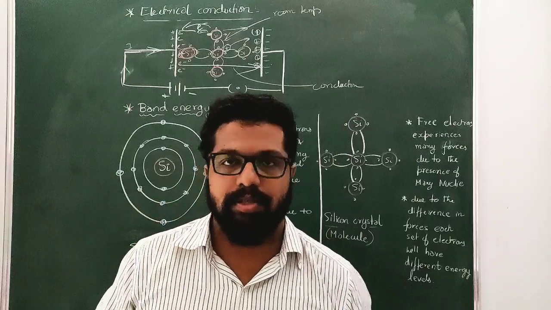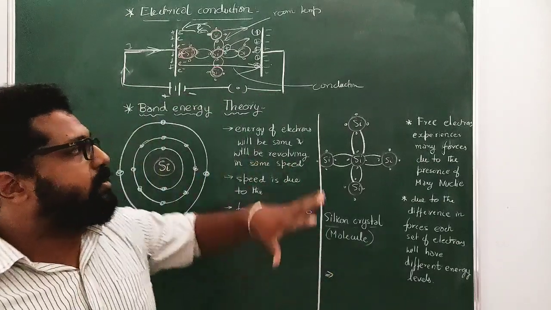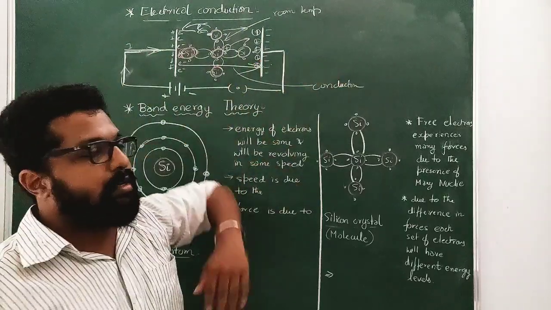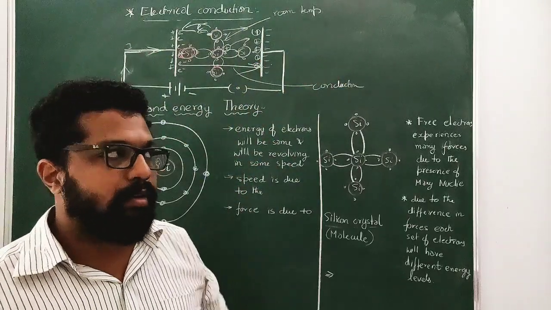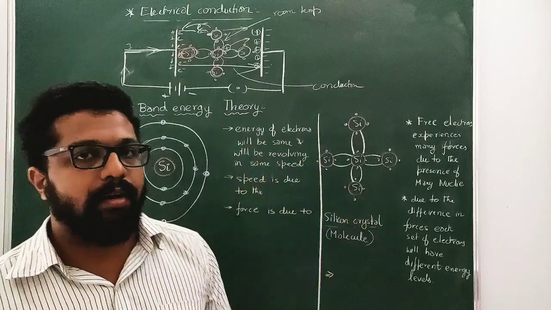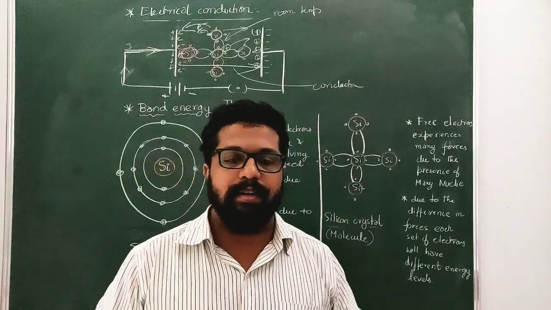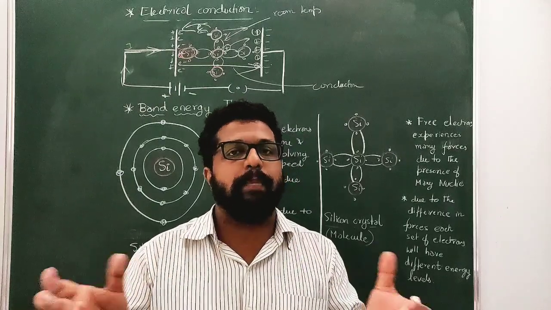Clear? So this is how electrical conduction takes place in a material. It can be any material. In this case, I am taking a semiconducting material, so this is how electrical conduction takes place in a semiconducting material by the creation of electron-hole pairs.